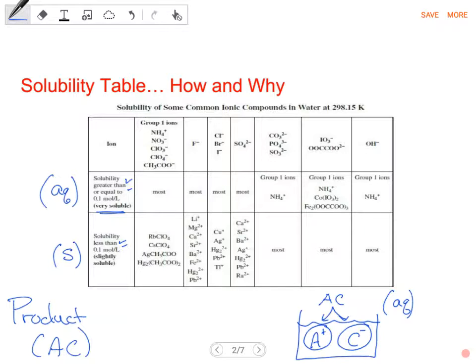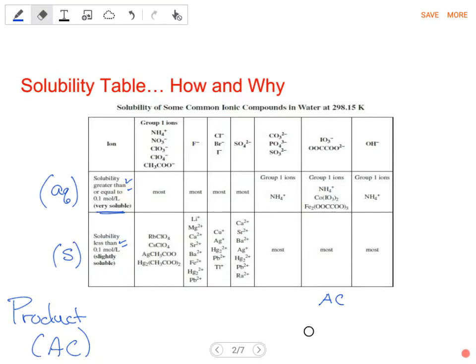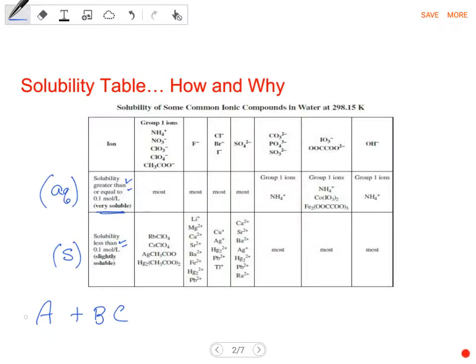So what you have to do now whenever you write a chemical equation is figure out, is your ionic compound going to be aqueous or soluble? So what I mean by that, again, one more time. You have A plus BC. This side is called your reactants because they are reacting.